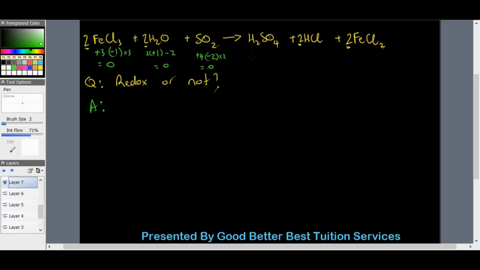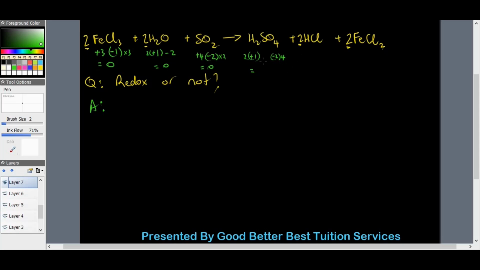Again here, hydrogen, always +1. I know I have 2 of them. Sulfur, I don't know yet, but I know oxygen always has -2 times 4. Okay, so oxidation number now of sulfur, in order for me to still get 0, I have +2 and I have -8.